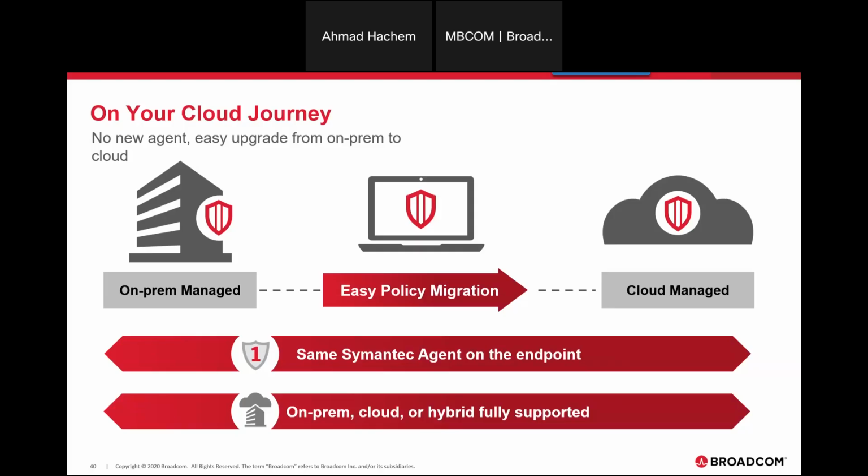It happens seamlessly. The redirection all happens in the background, and once the endpoint is enrolled and redirected to the cloud, an automatic upgrade is conducted as well. You have full control over when to conduct this auto upgrade and can configure the time slots for the best feasible timing.